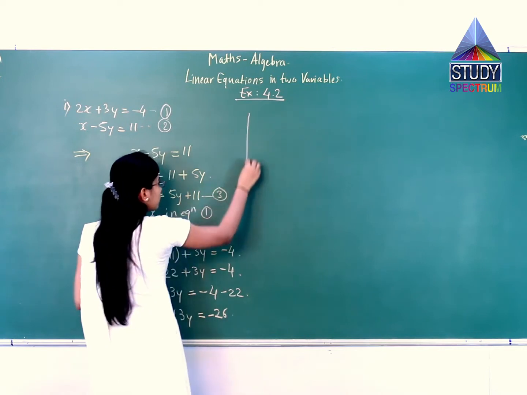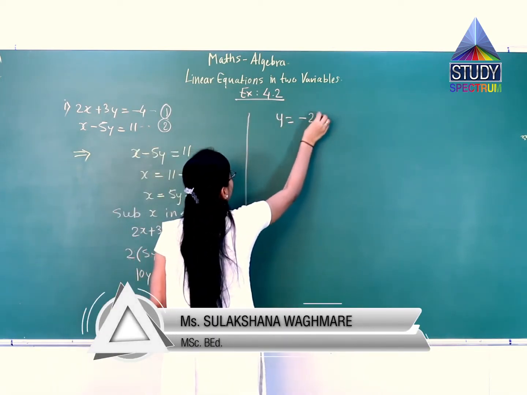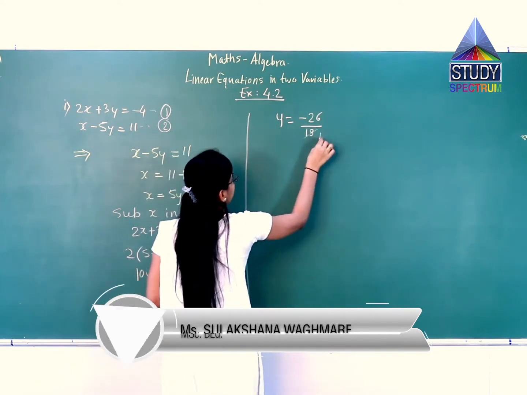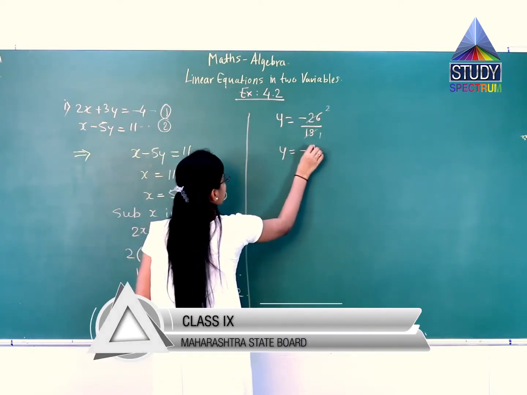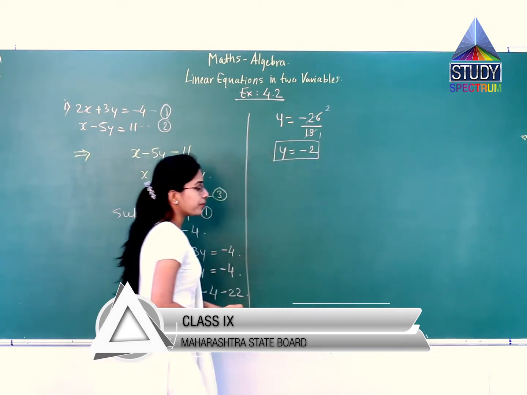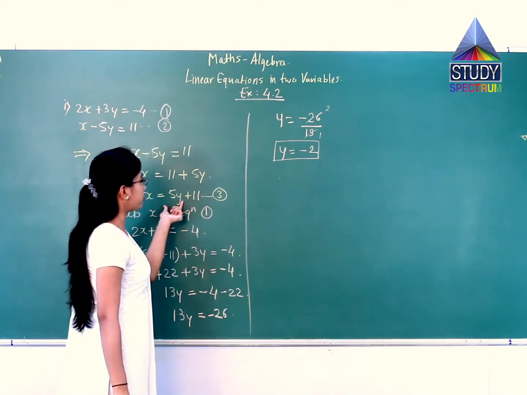So y will be minus 26 upon 13. So 13 ones are 13, 13 twos are 26. So y is equal to minus 2. We got y here. To obtain x, we will substitute this y in equation number 3.